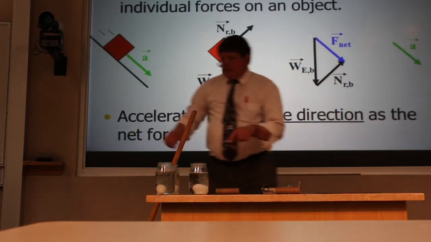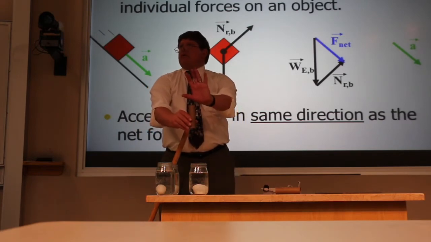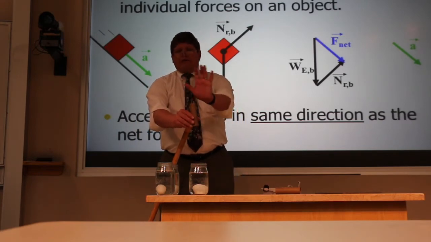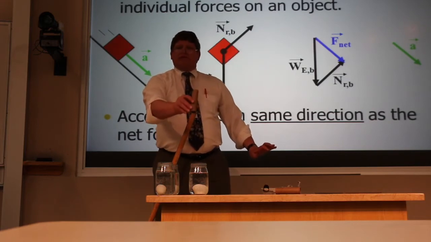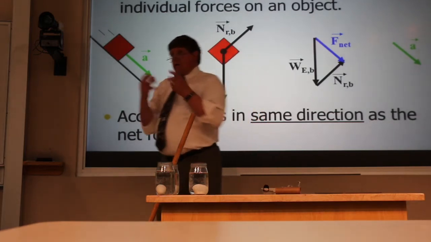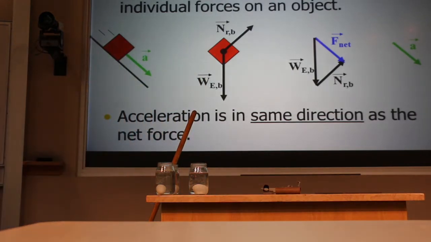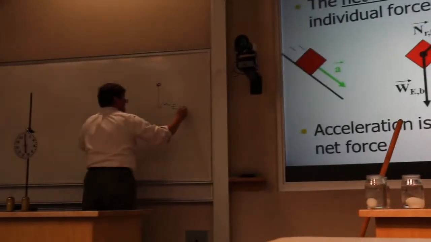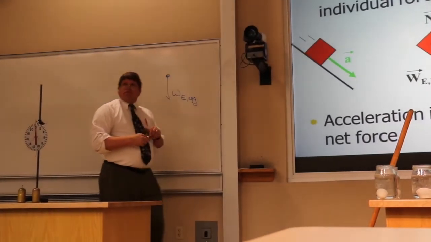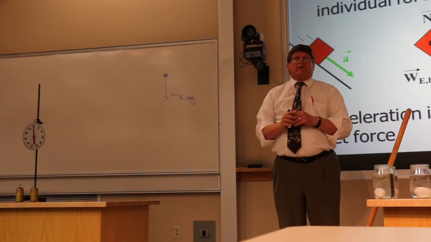Now, let's look at the eggs. The eggs were just sitting there with zero velocity when suddenly those little tubes were just kind of lifted out from under them. Now, if you look at the free body diagram for the egg, it was simple. It just had a weight force, Earth on the egg. And that means the total force, or net force, if there's only one force, would be down.